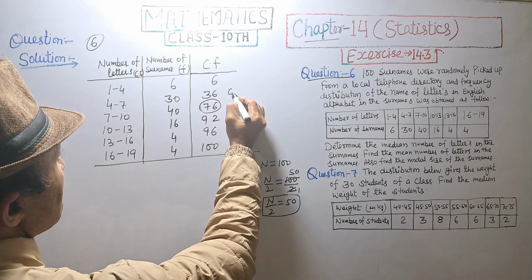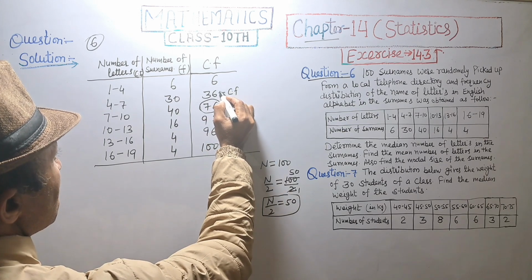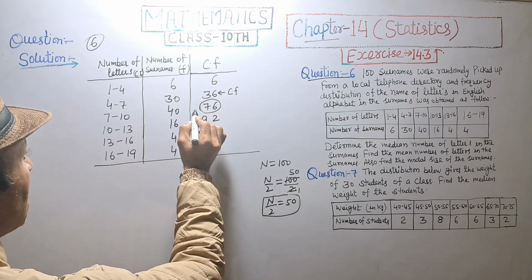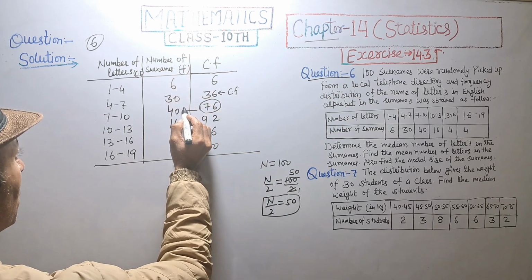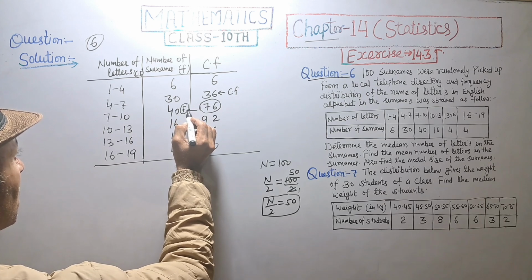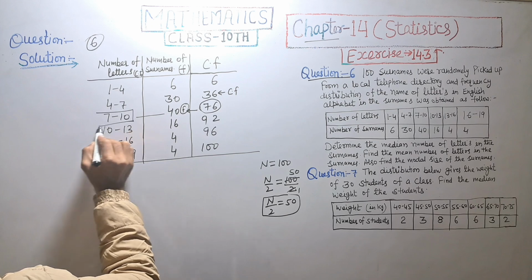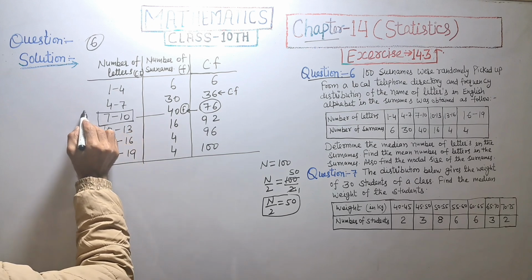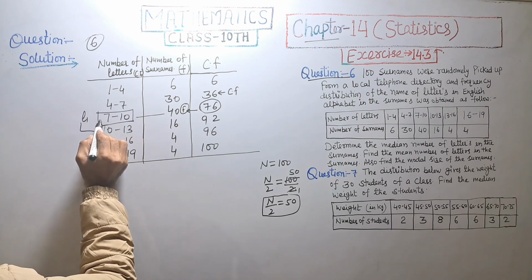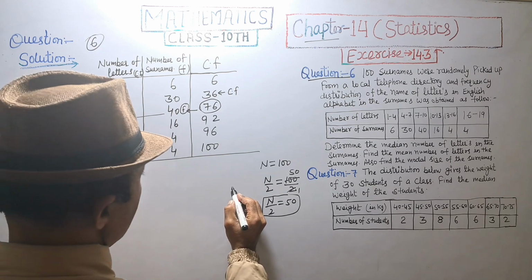50 lies in cumulative frequency 76, but CF is 36, and in the same direction frequency F is 40, and the interval is 7 to 10, so L1 is equal to 7.